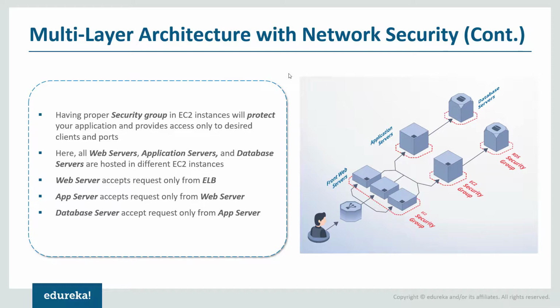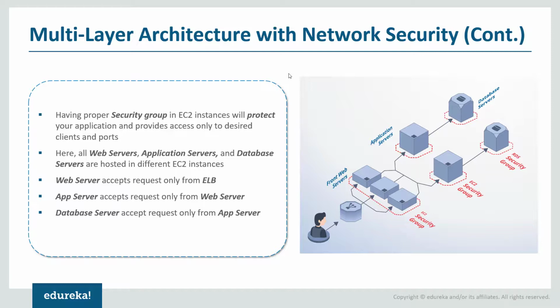So the first load balancer itself is protected with a security group. Then all your application servers can be protected by another security group, and the RDS will also be protected by a security group. This way you can ensure that at each layer there is a security group, and you can put a filter telling that only the front-end web servers' security group can access application servers, and only application servers can access the database.